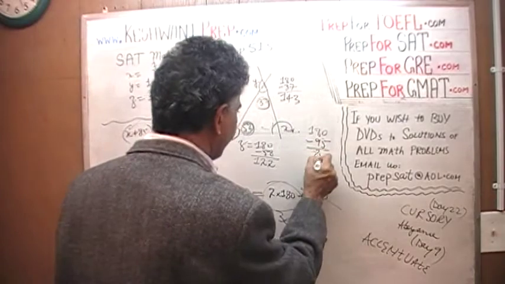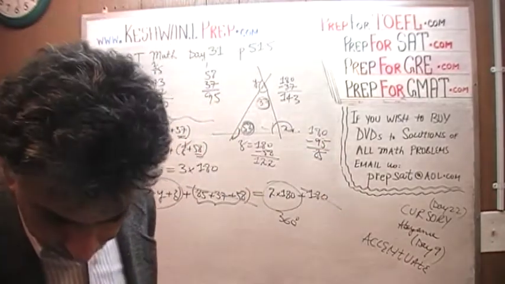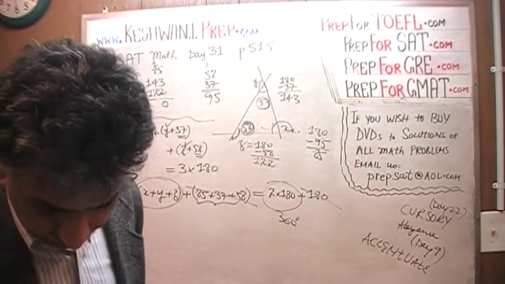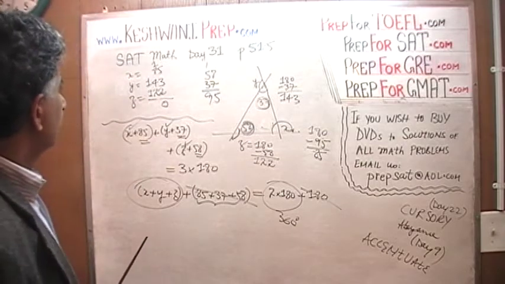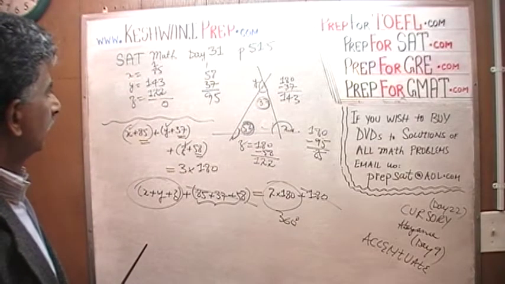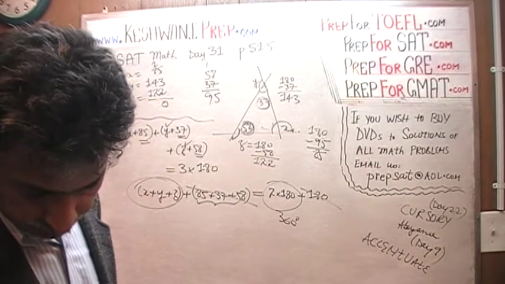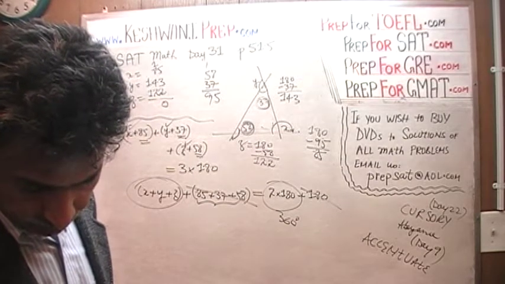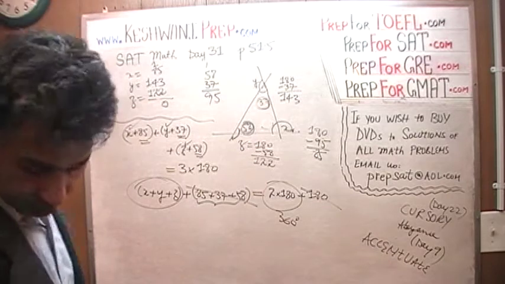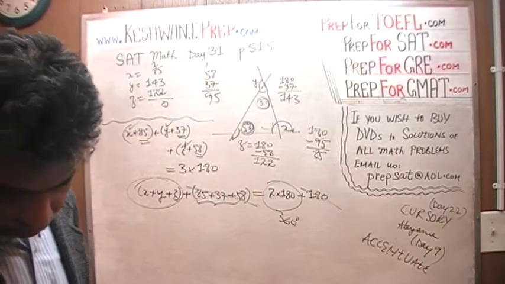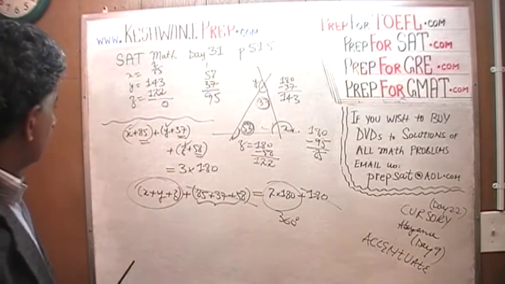I'm still getting 85. Something has gone wrong. 58 plus 37, 15, carry 1, 9. That's right, 95. That's 85.